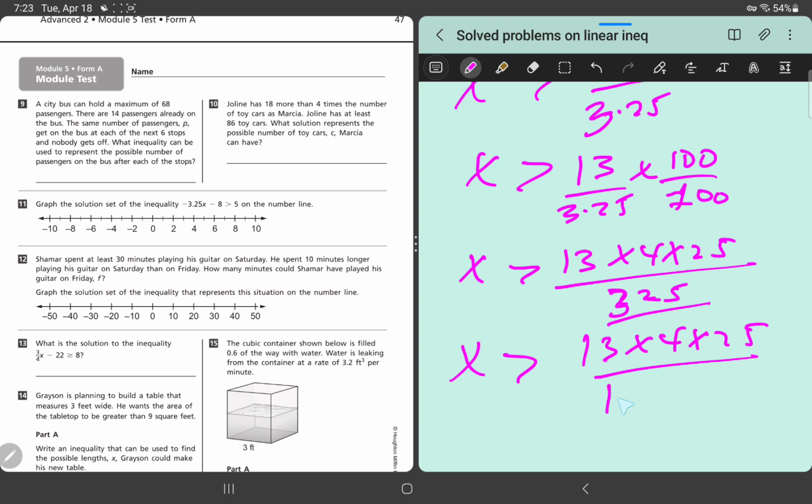This 325 is 13 times 25, and 100 is 4 times 25. So x is greater than 4.